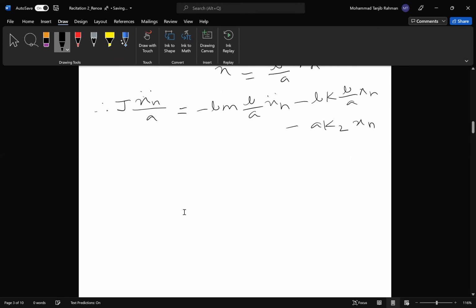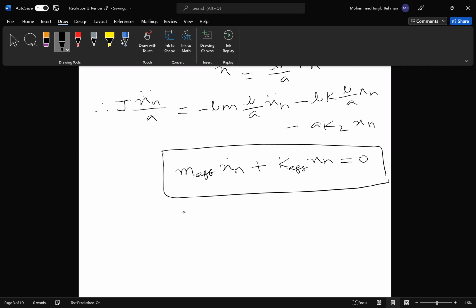Now our ultimate goal is to put this whole equation in the form of the standard equation of motion, which is m effective x double dot n plus k effective xn equals to 0.